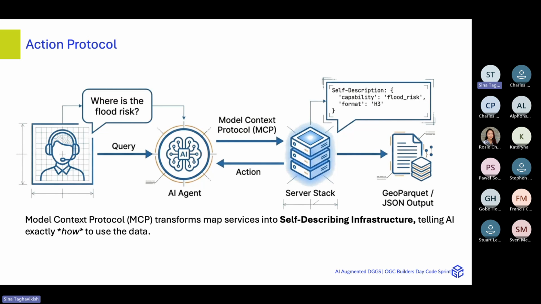It understands it, it does the queries, and it makes the connection. So one gives the context, the other gives the understanding of the communication. It basically becomes a self-describing infrastructure. So you ask where is the flood risk? The AI agent communicates with the server stack through the MCP and repeats these actions.